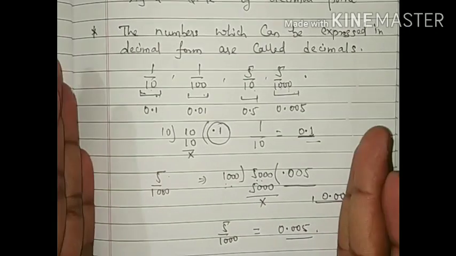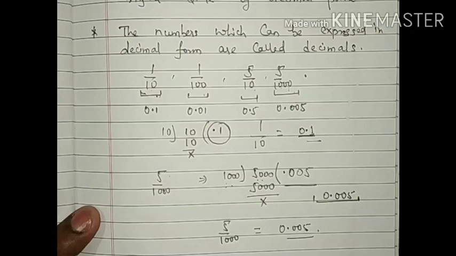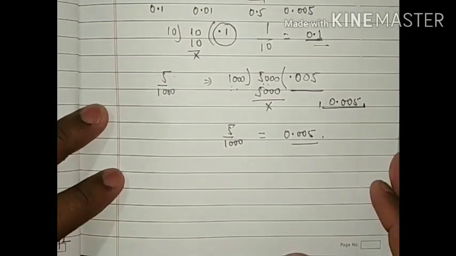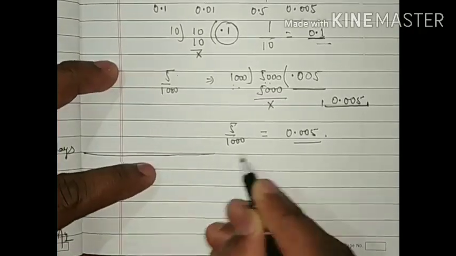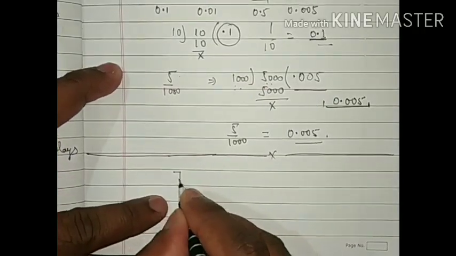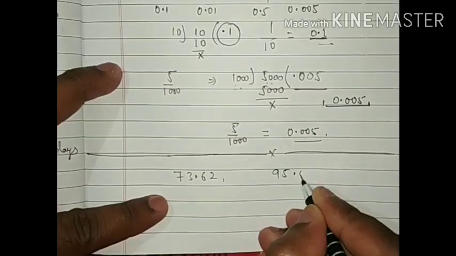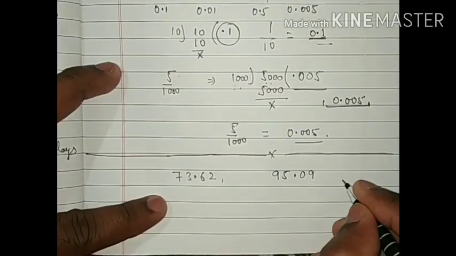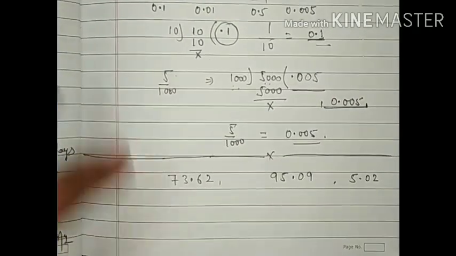In this particular question, we have to learn one more thing. Let's see what we are going to learn now. Suppose we have any form of decimal, that is, we have 73.62, 95.09, or take one more example, 5.02.